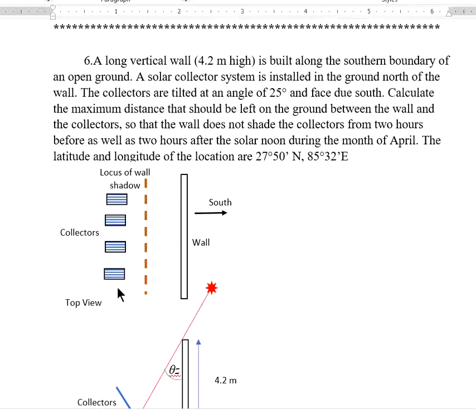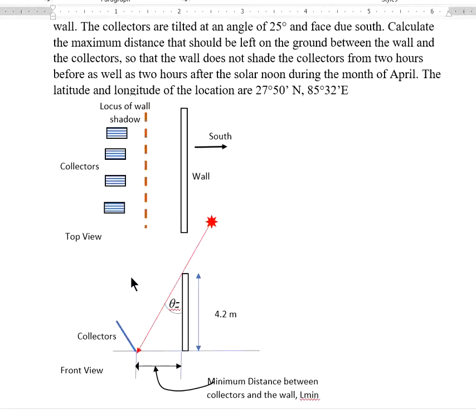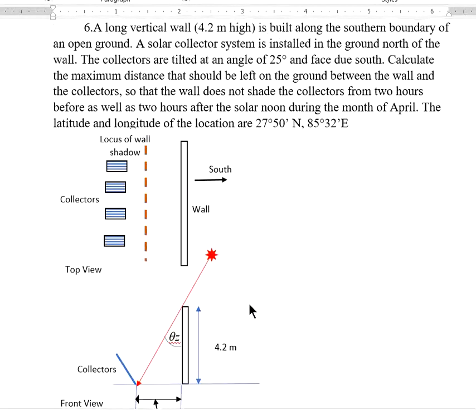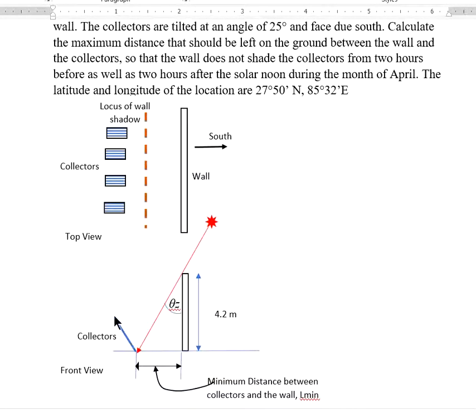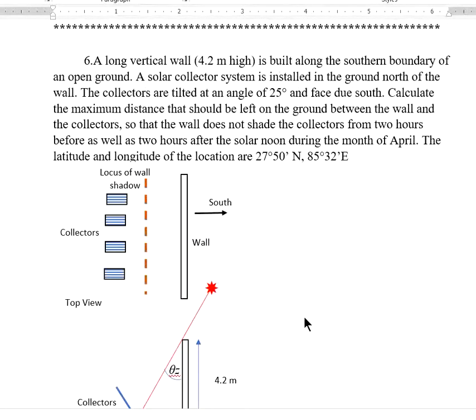The collectors are tilted at an angle of 25 degrees. This is the top view of the collectors and this is the front view. The collectors face due south, so gamma equals 0.